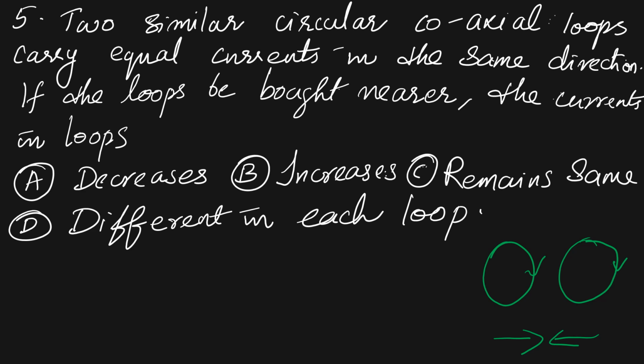Magnetic flux increases, but an EMF is induced in each loop which opposes the change in flux. So the current in the loop decreases. So the first option A is the correct one.